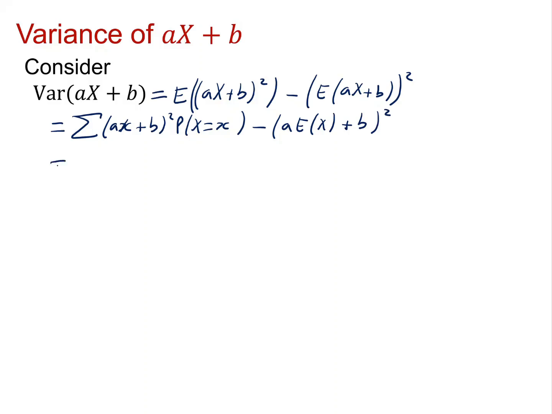I can now multiply out the bracket in this first term, and I can take out the constants from outside to outside the bracket.